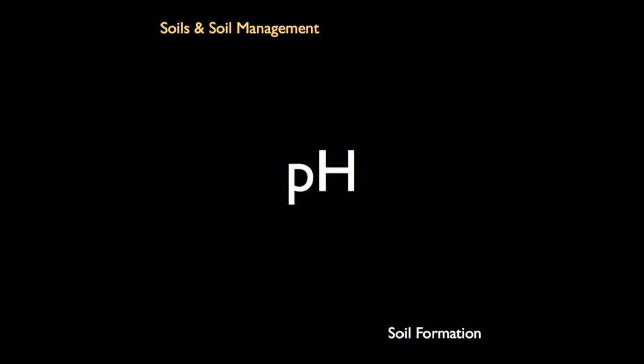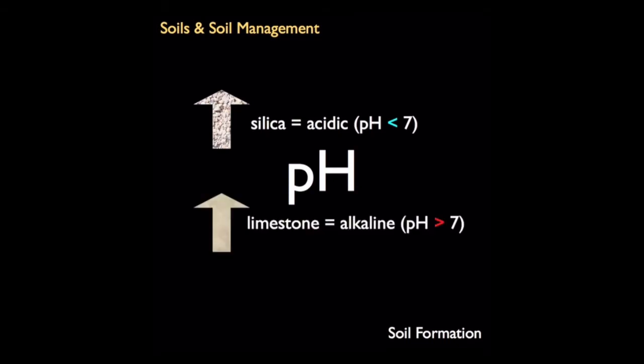Within the igneous, sedimentary, and metamorphic groups of rocks are some with a high silica content that tend to form acidic soils, those with a pH lower than 7, and others with a high lime content that tend to form basic or alkaline soils that have a pH greater than 7.